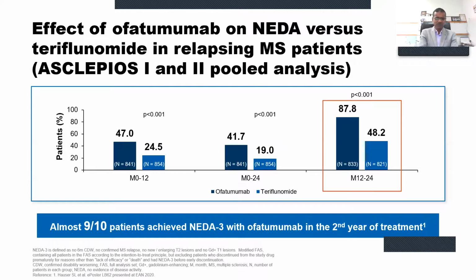So definitely almost 90% of patients achieve NIDA 3 with ofatumumab treatment in the second year of treatment. So this is an important aspect. Almost all the mAbs achieve NIDA 3 better than other drugs like interferons, other injectables, and orals. And with the latest drug ofatumumab, we can expect about 90% at the second year.